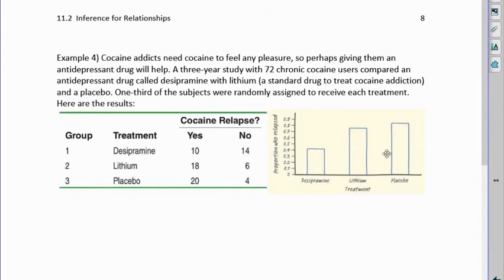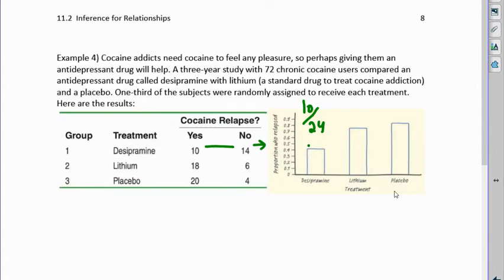And then you can look at your chapter 1, the graph right here that we could have created with our chapter 1 methods. And of course, those would have been based on the drug treatment. So for example, this one right here would have been 10 out of 24 because it's going based on the total for the treatment.